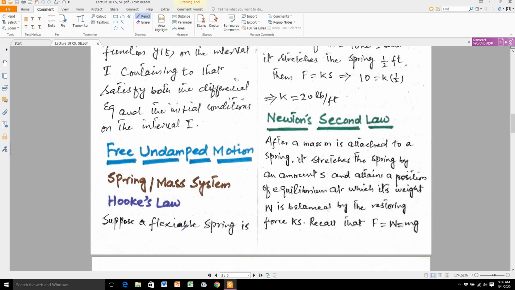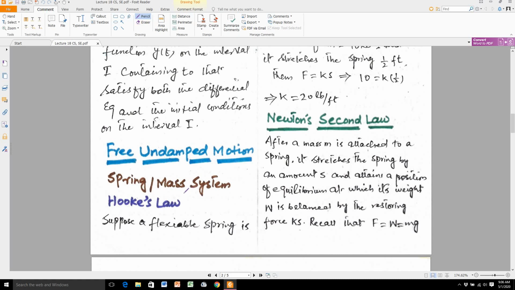If the motion is damped, then it is either overdamped or underdamped. So here we have free undamped motion, in which we study the spring mass system, and you are very familiar with the simple harmonic motion case.